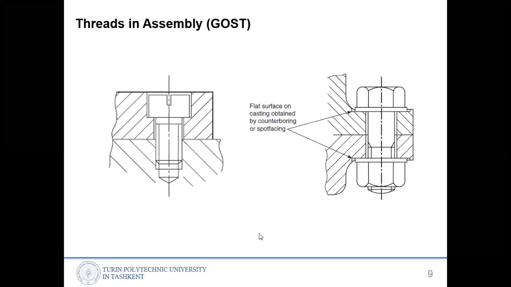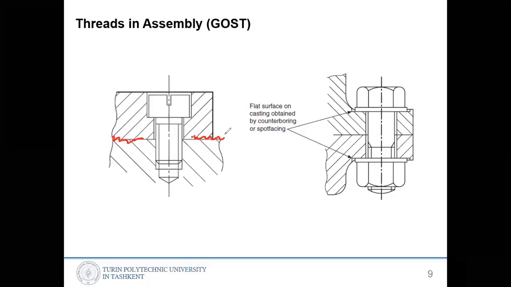A permanent joint is made without threaded parts, just welding. If you weld, that will be a permanent joint. Once you weld it, you cannot disconnect it. You have to break it, cut it, and remove the weldments. Then you can disconnect and dismount it.